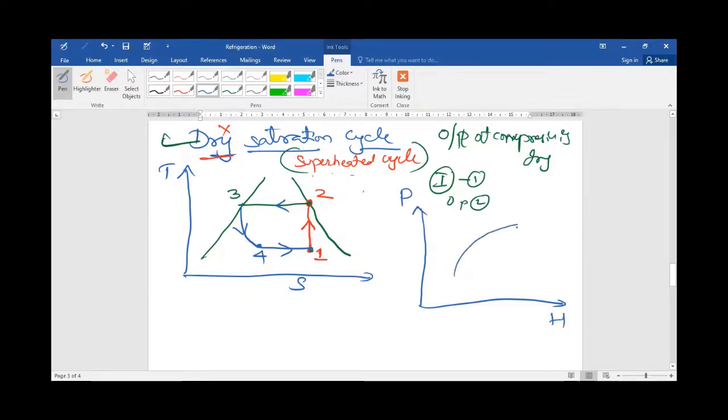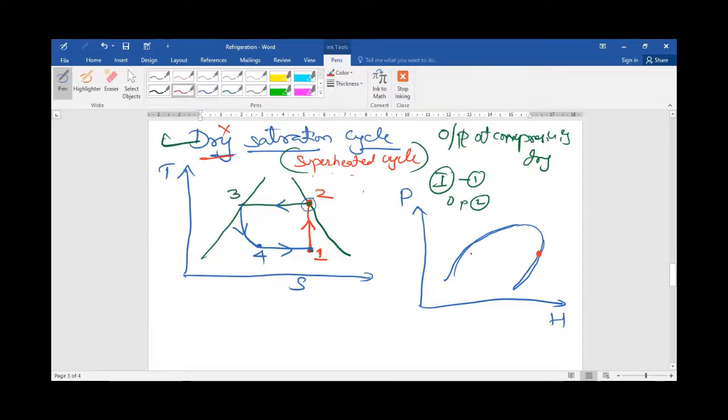Same again: draw the saturated liquid line. This is saturated liquid, this is saturated vapor. Point number 2 should be on the saturated line, that is dry. Dry means nothing but saturated. Keep in mind, point number 2 should be on this line.